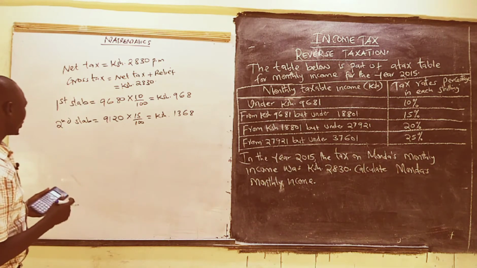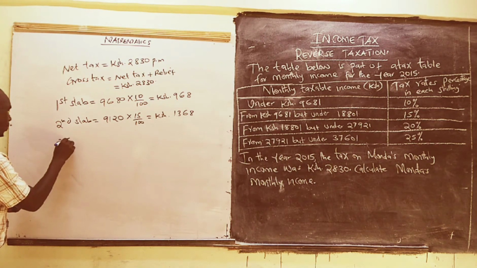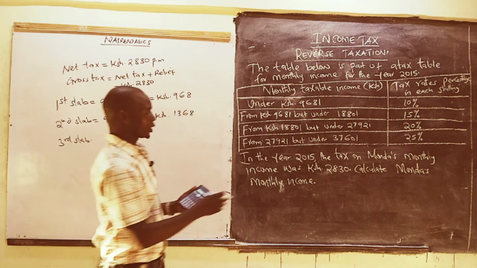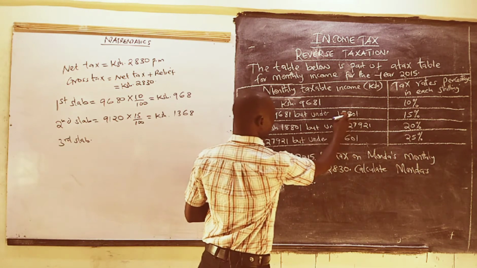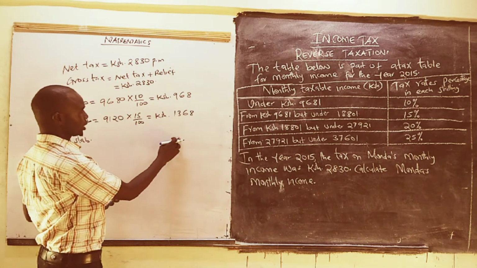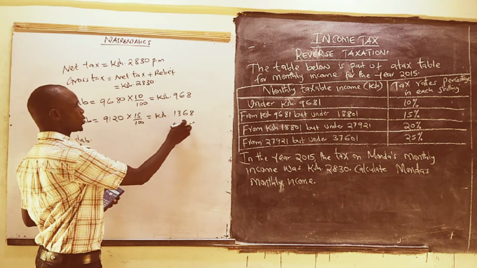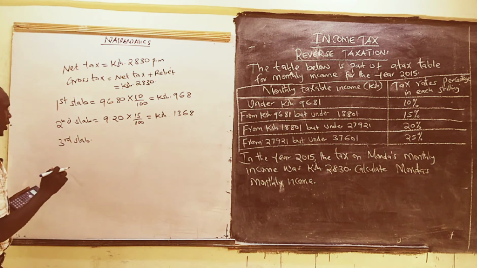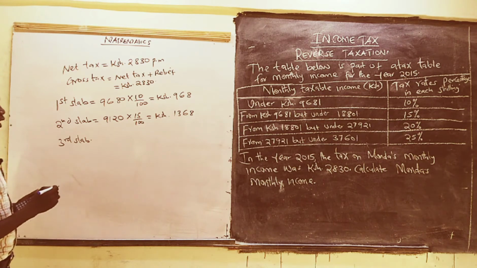If we again go to the third slab, we are going to take this one minus this one. If we multiply by 20%, the figure that we are going to get here plus the two figures we have here is going to go beyond 2830, and therefore we are going to calculate the remaining amount.